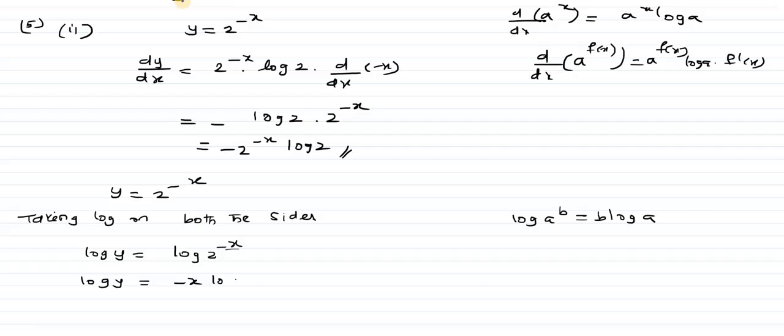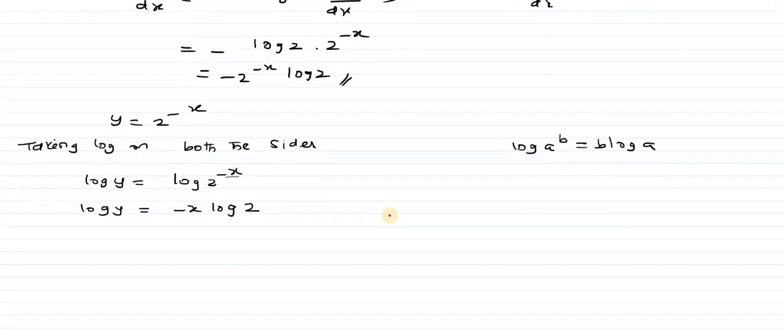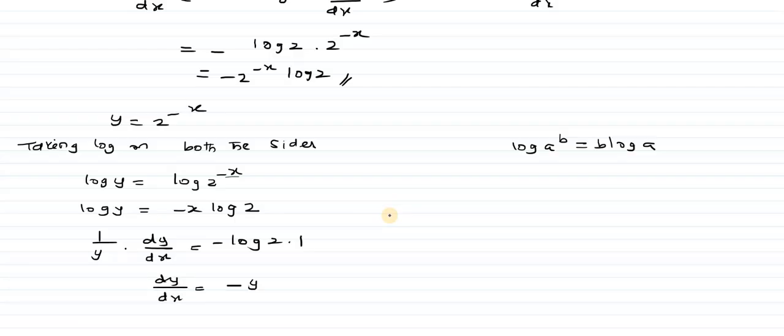When you differentiate, I told you log f of x is 1 by f of x into f dash of x. That is dy by dx. Log 2 is constant. So differentiation of x is 1. So dy by dx is minus y log 2, which is minus 2 to the power minus x log 2. In both the ways, you will get the same answer only. Clear? Here any doubt?